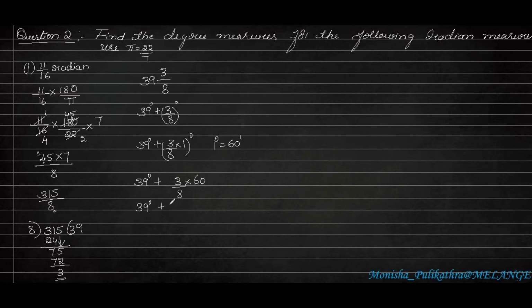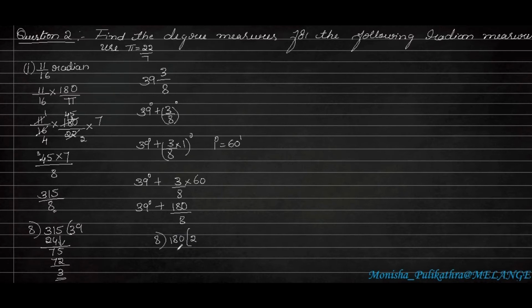Here we can multiply. 3 into 60 will become 180 by 8. Again we have to take the division form of it, that is 180 divided by 8.